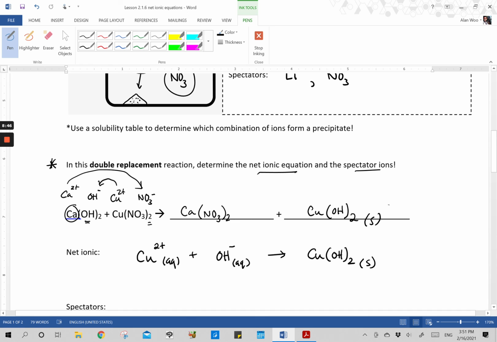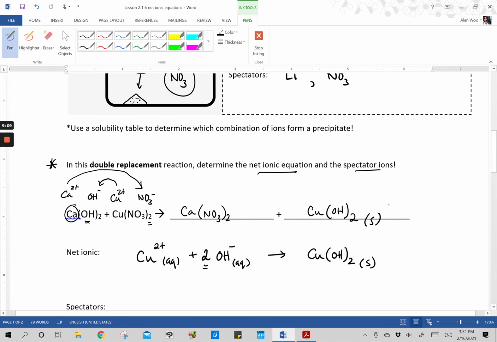Whenever I'm doing any type of ionic reaction, whether it's net or not, I need to make sure that it is balanced. So I have one copper, one copper. I have one set of OH, but I have two over here. That's an easy problem to fix.